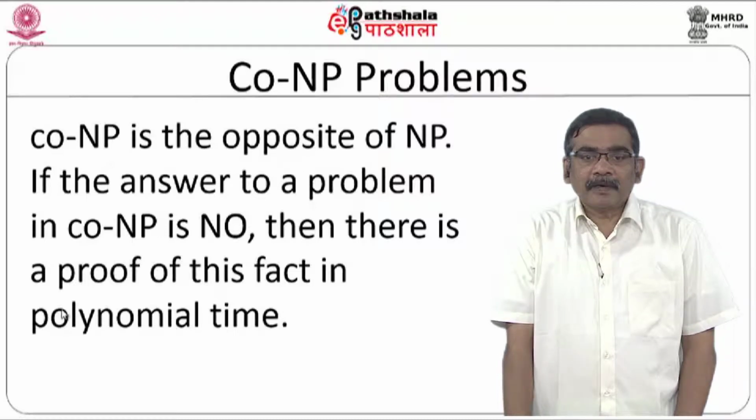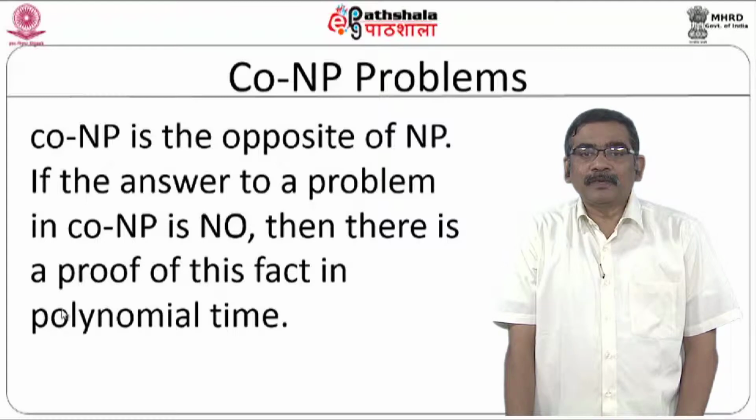Co-NP is the complementary NP, another set of problems that is available. This is just the opposite of the previous one, where if the output of the algorithm is no, then there is a proof available that can be checked in polynomial time.